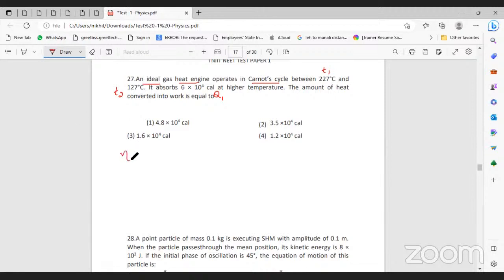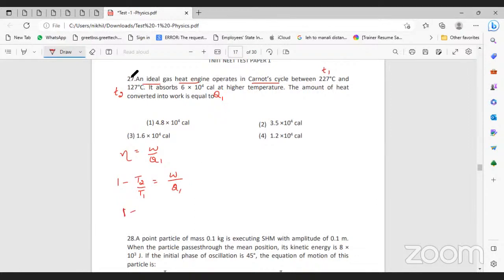Students, you know the efficiency basic formula is work done divided by the amount of heat absorbed. Efficiency is also nothing but 1 minus T2 by T1. T2 is the sink temperature, T1 is the source temperature. What is T2?